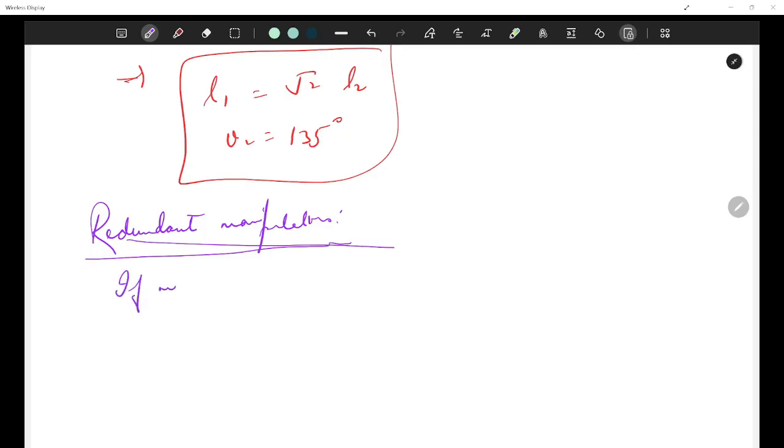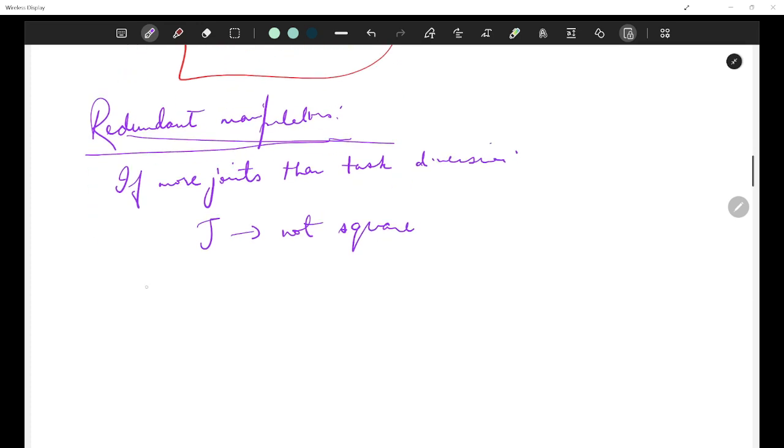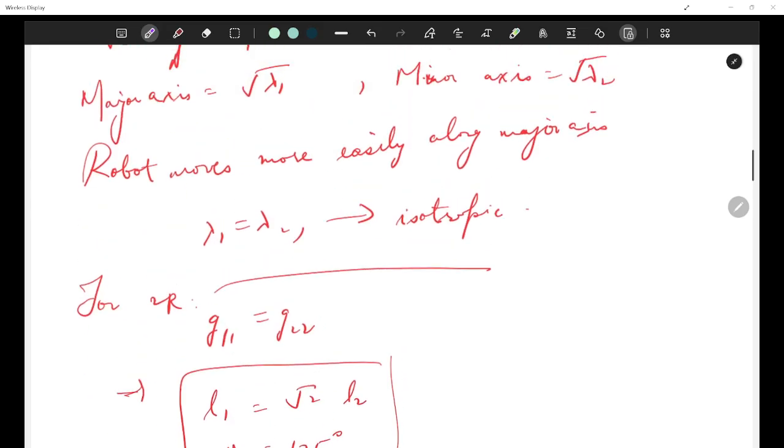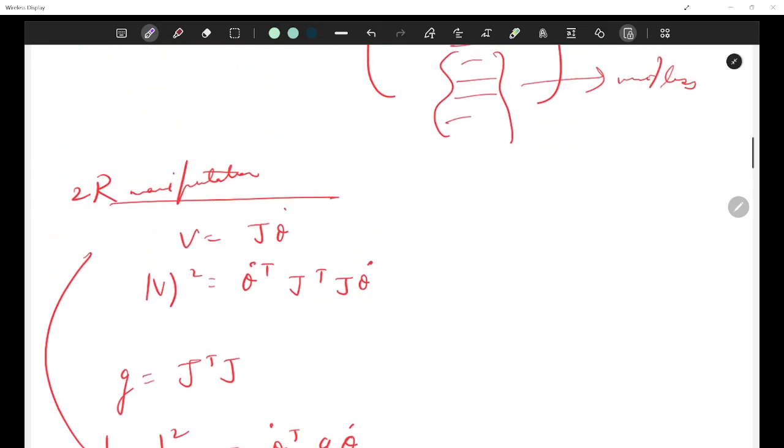Does anyone know? If there are more joints than task dimension. So in that case, the Jacobian matrix won't be square. So you saw that we already used V is equal to J theta dot. Now if you have to find theta dot, what would you do? You would multiply both sides by J inverse into V, right?